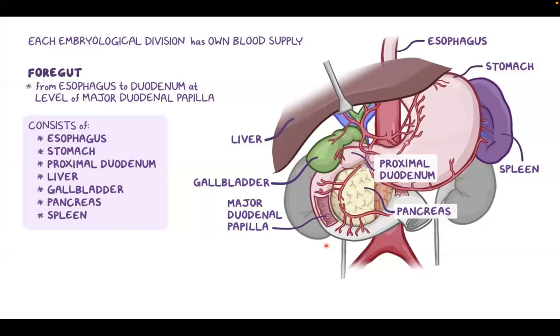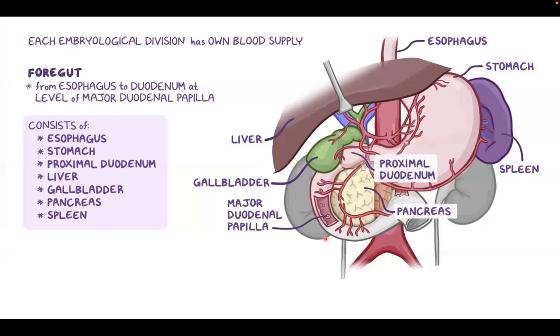Now, before we go to the organ systems, I want to mention in passing the embryology because there were a couple of questions that came out here. So the primitive gut is divided into the foregut, the midgut, and the hindgut. Fore, mid, and the hindgut.